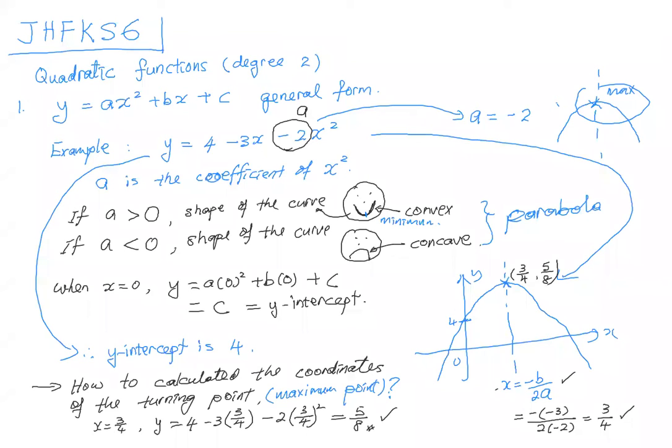Miss, how can the maximum coordinate of y be 5 over 8 when the y-intercept is 4? That's why I'm asking. So is the calculation correct?